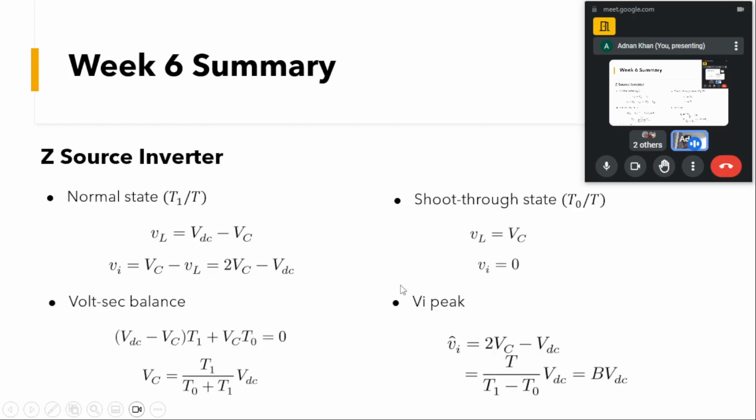But in the Z source, when we do the analysis, we get a term B equal to T divided by T1 minus T naught, and T1 and T naught will always be less than T. That means this term will always be greater than 1.